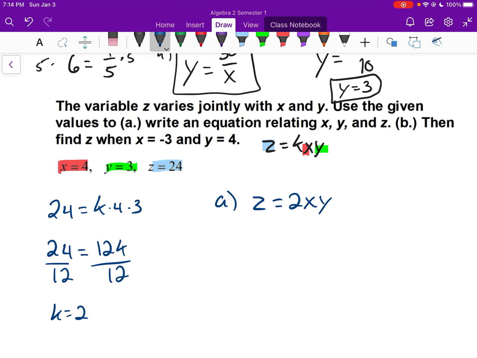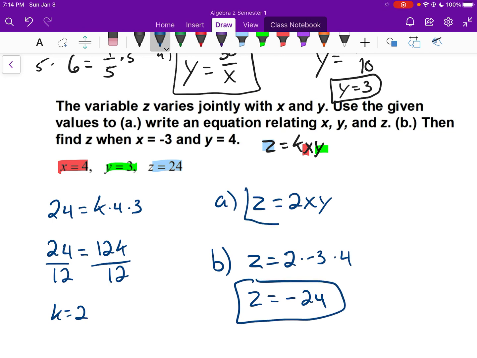Okay, so that's part A. Part B, then, we're finding z. So z stays its variable. 2 times x, which is -3, and when y is 4, just multiplying that out, we get -24. Again, make sure you don't stop when you find k. Plug it back into the relation.